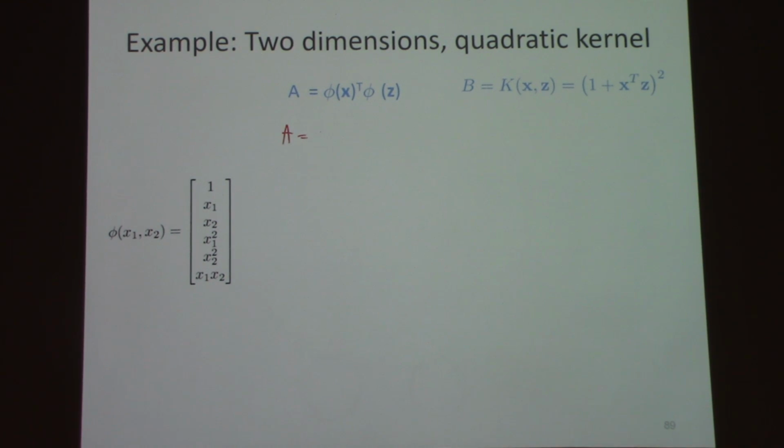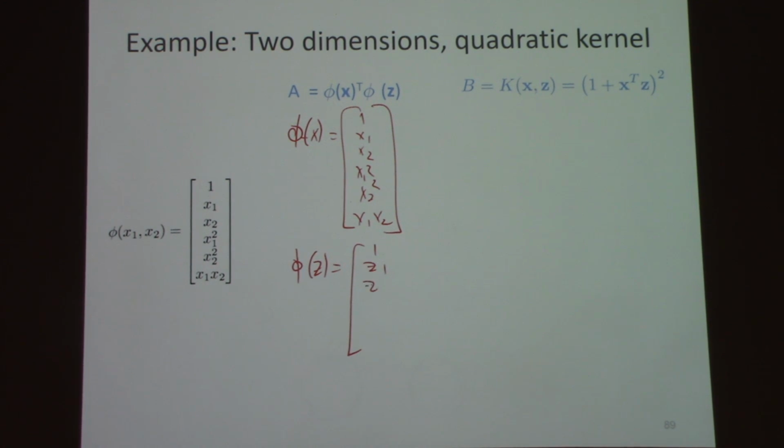A is phi of x, so let's first say phi of x. What's phi of x? 1, x1, x2, x1 square, x2 square, x1 x2. And phi of z is again 1, z1, z2, and so on.